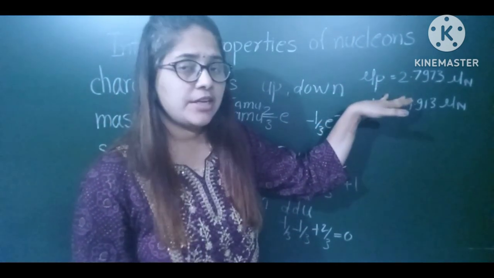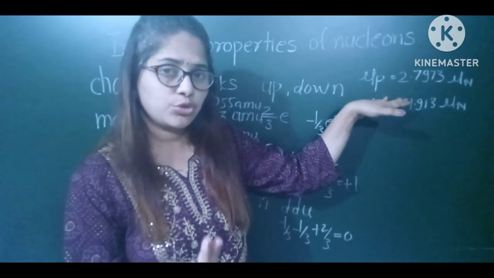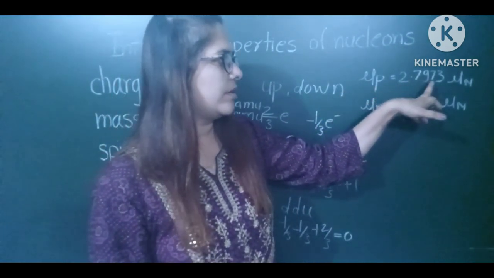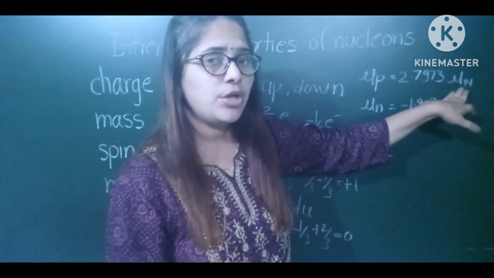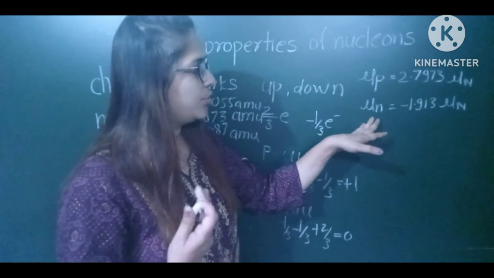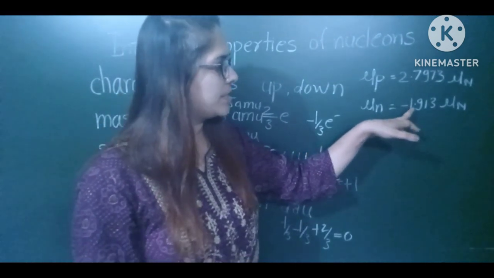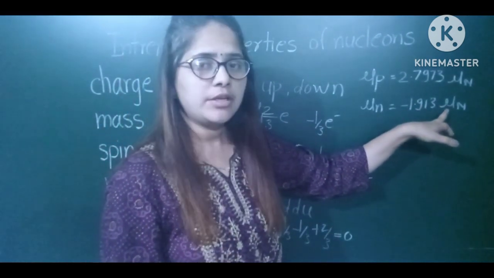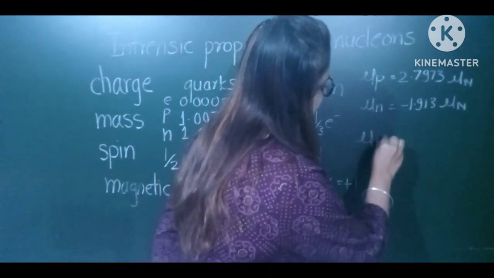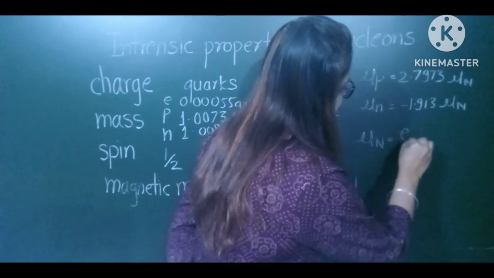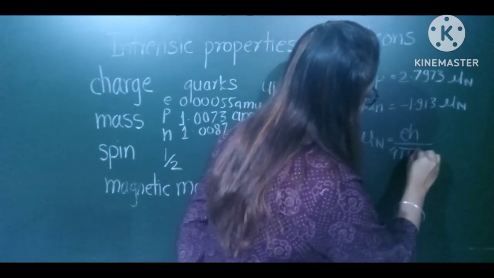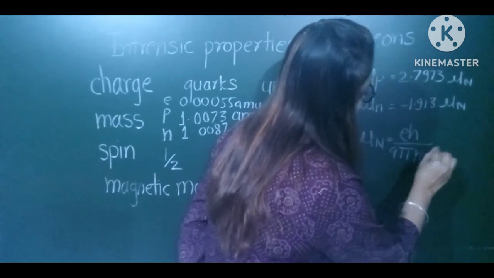The magnetic field generated due to the motion of the fractional charges is given by 2.7973 μN, and the magnetic moment for the neutron is 1.913 μN, where μN is nothing but eħ/4πm_p, that is, e h upon 4 pi mass of the proton.